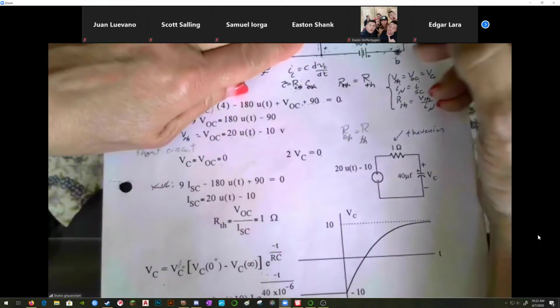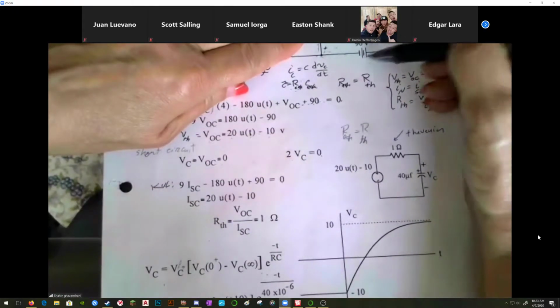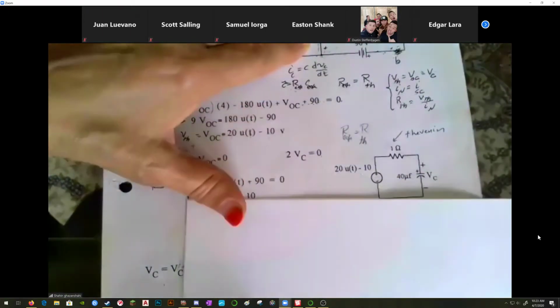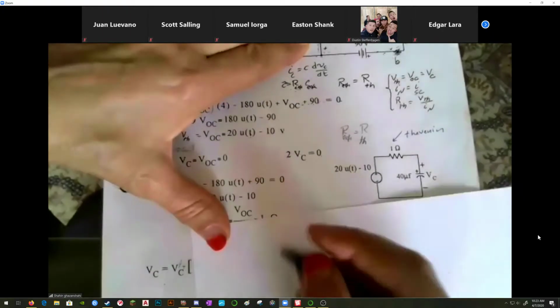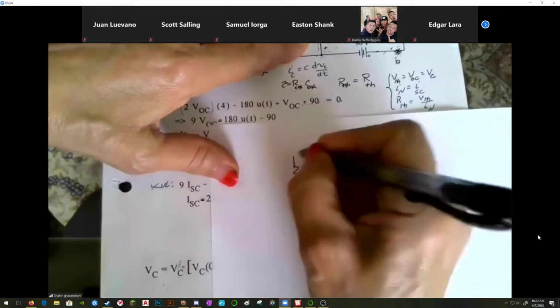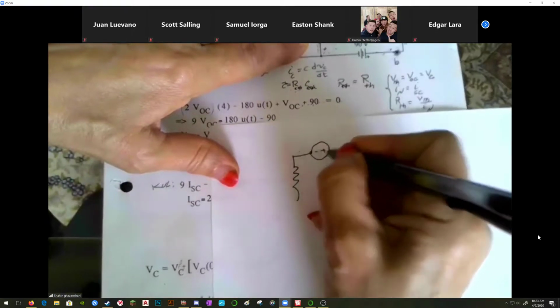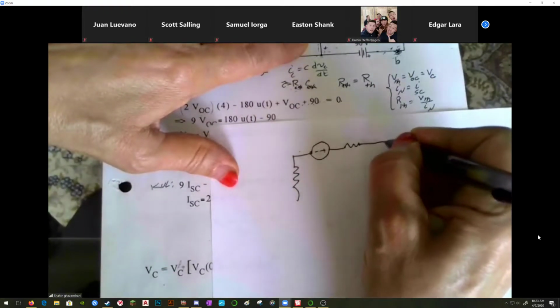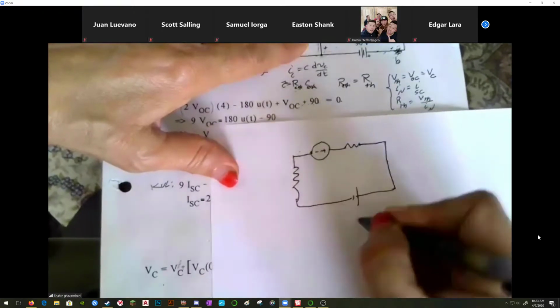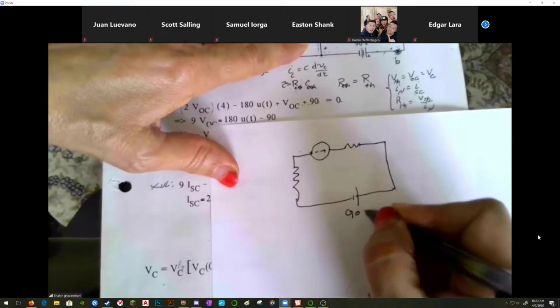Then again, I write KVL for this circuit now. So I will draw it for you here. See, you have this one. So you have this 5, you short it here, and this is 90 volt.